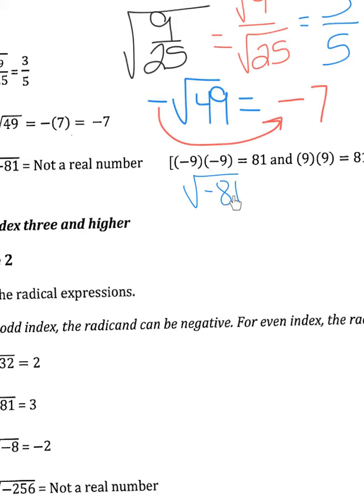And you could try multiplying negative 9 times negative 9, but when you multiply a negative times a negative, it comes out to be a positive. So the square root of negative 81 is not negative 9, because negative 9 times negative 9 gives us positive 81. In fact, there are no two identical numbers that, when I multiply them together, will give me negative 81. So for now, we're going to say this is not a real number.